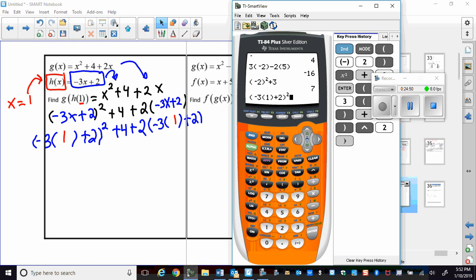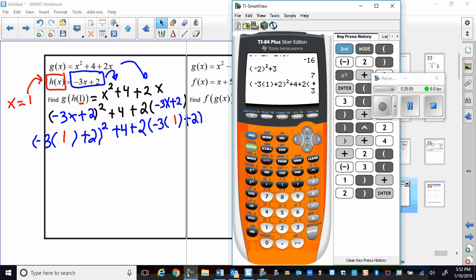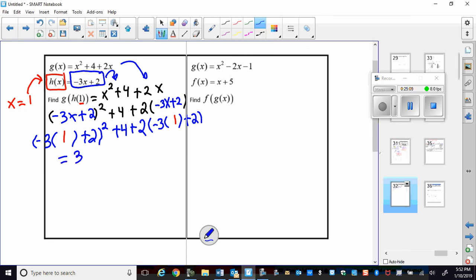Now keep going, plus 4, plus 2, parentheses, negative 3, parentheses 1, close parentheses, plus 2, close the parentheses, enter. And I get 3.